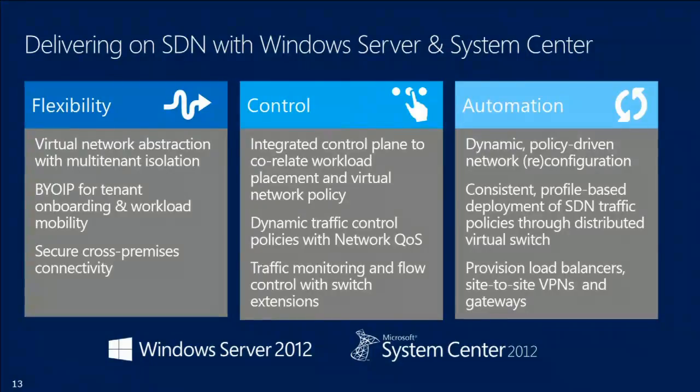As you know, data centers are dynamic, and an ability to dynamically control traffic is also important, so that you can flow those policies and control your network, and deliver the cost that you're looking for. We have built into Windows Server an extensible vSwitch, a virtual switch that is highly extensible, such that partners can come in and build their own capturing and forwarding filters that can all coexist at the same time.